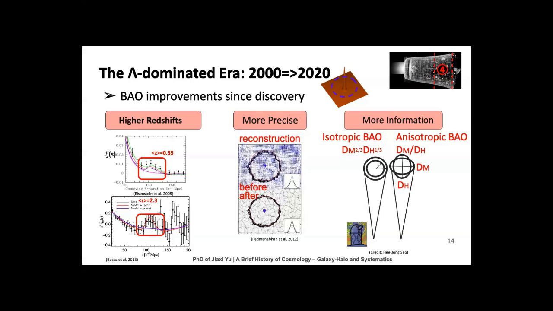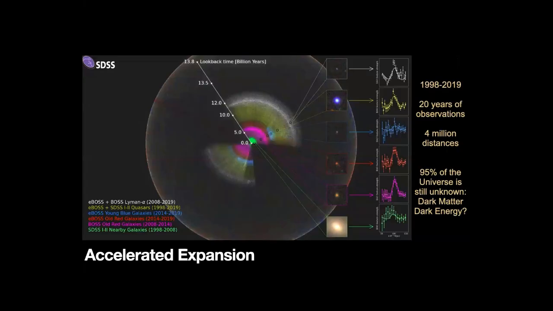The BAO peak is not just a one-dimension parameter, it's a two-dimension parameter. You can measure your BAO peak along the line of sight, or you can measure it on the sky, because it is also imprinted across the sky. So you have two measurements, the redshift measurement and the angular measurement. If you combine these two, you also improve your measurement of the BAO peak.